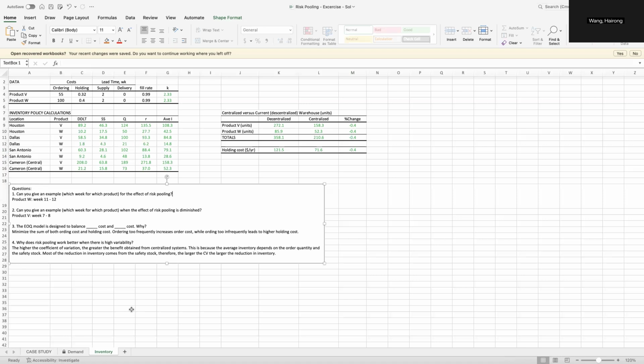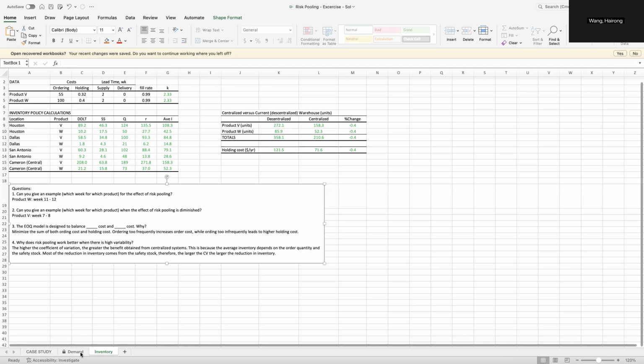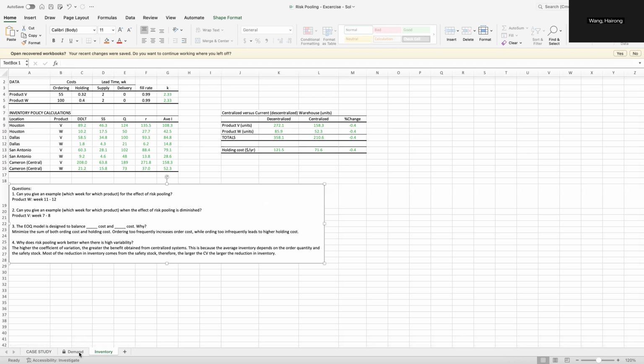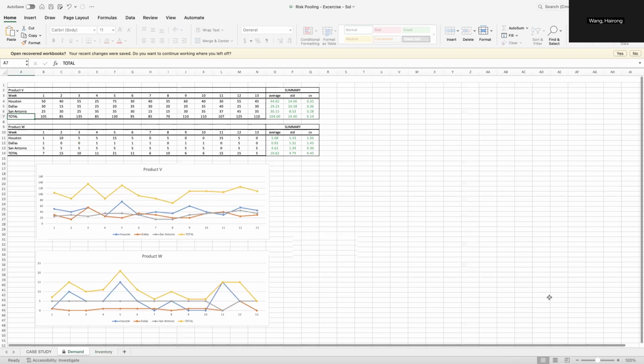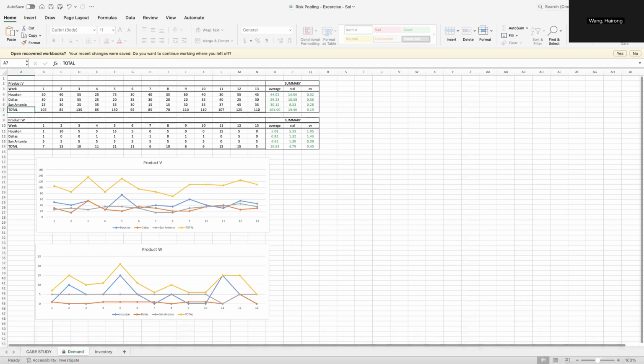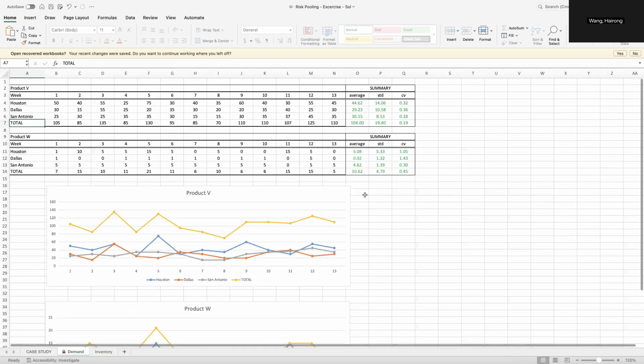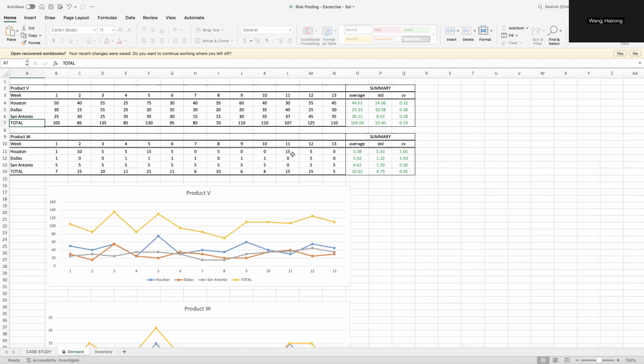Then if we want to answer this question, we want to give an example where the centralized demand variability is indeed smaller compared to the localized ones, right? Then we can move to the demand part. I give an example, which is product W from week 11 to 12.